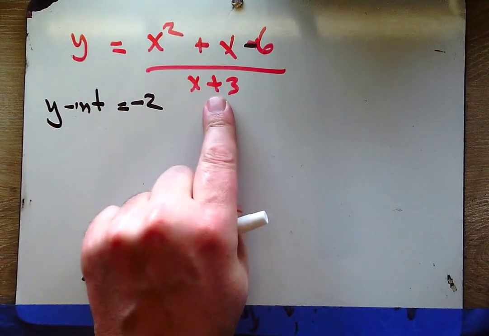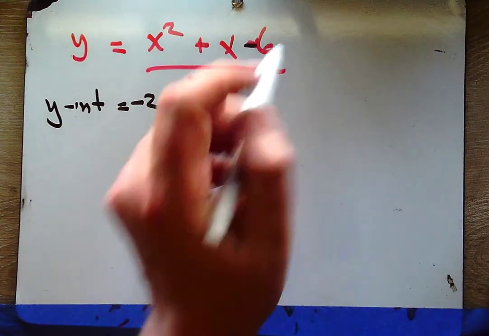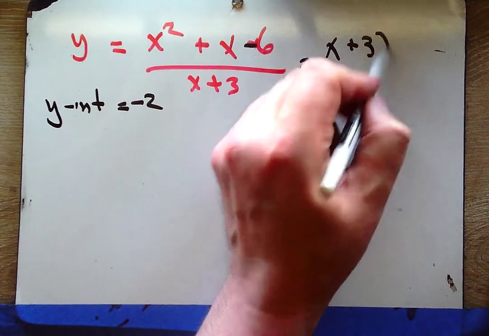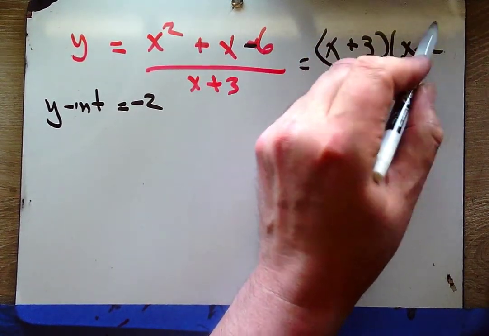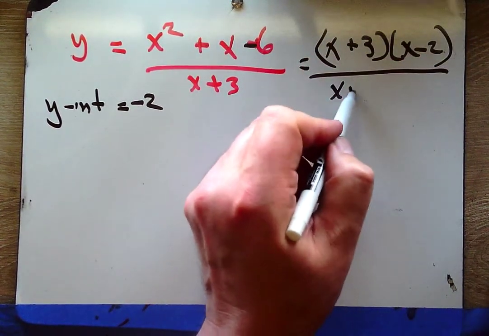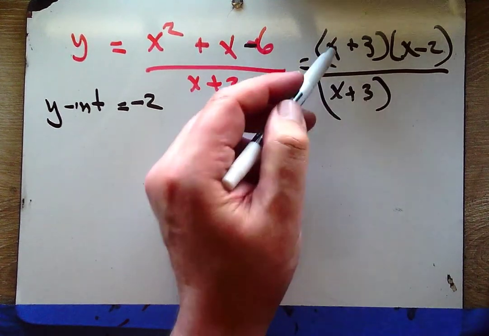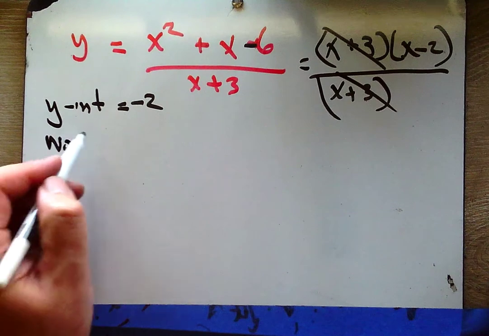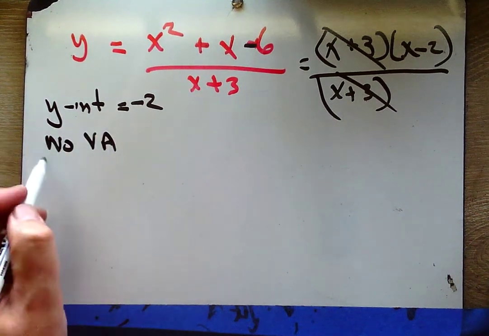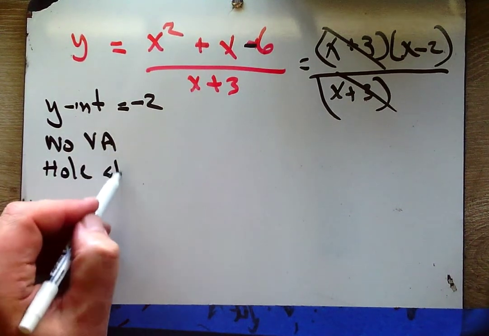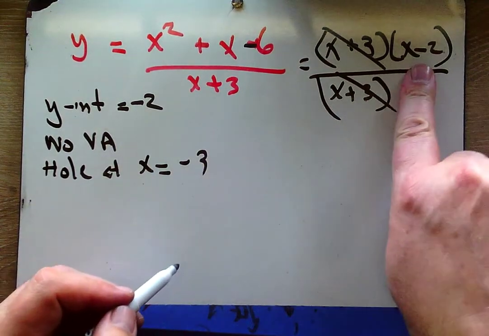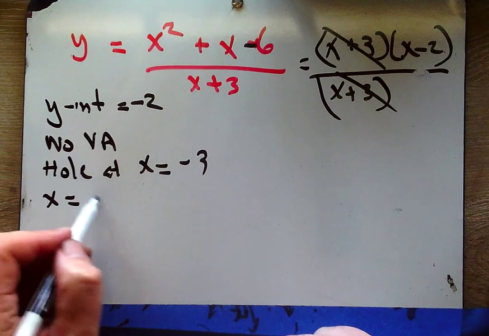I also see what looks like a vertical asymptote at -3, but I'm thinking maybe I should try and factor, because I might see, hey look, these are the same. And so there's no vertical asymptote. There is a hole at x equals -3, and there's only one x-intercept at -2.